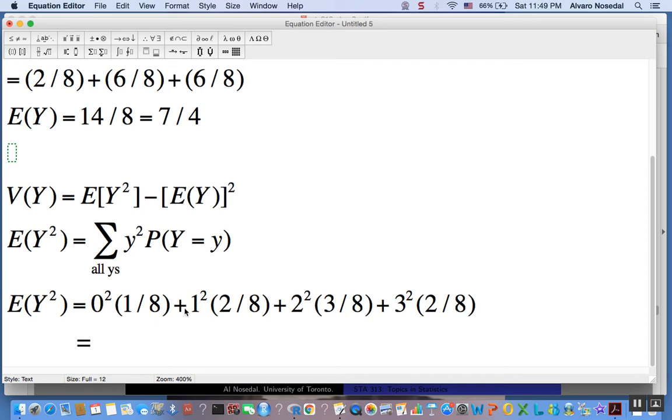So what we have here is just 2 over 8, right? Going to have 4 times 3, that's going to be 12 over 8, and 3 squared, 9 times 2, 18 over 8, right?